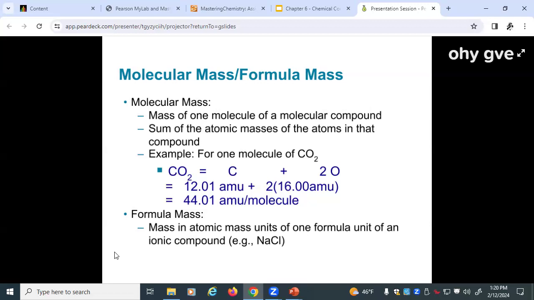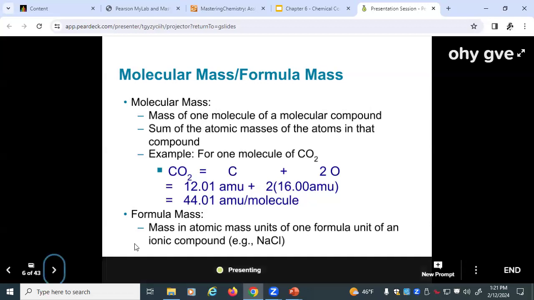So, for example, carbon dioxide. The molar mass of carbon is 12.01. Molar mass of oxygen is 16.00. To find carbon dioxide, I need to take the mass of 1 carbon and the mass of 2 oxygens, because there are 2 oxygens in the compound. So carbon 12.01 plus 2 times 16 for oxygen. Add those together, 44.01 is the mass of carbon dioxide.